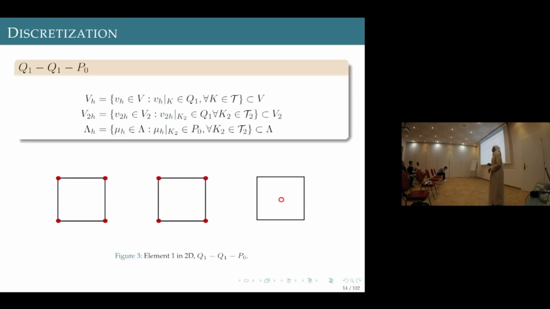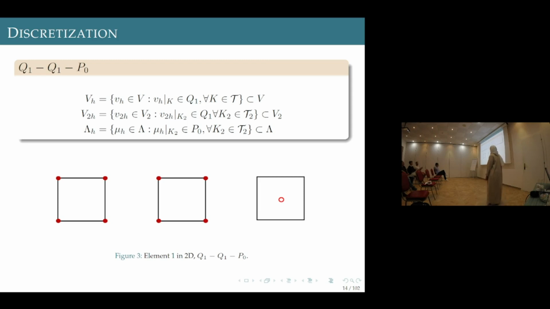Before I do that, let's introduce our new elements that we're proposing in here. I'm proposing 3 finite element spaces. All of them have a common thing, which is piecewise constant Lagrange multiplier. So we have 3 spaces, VH, V2H, and lambda H, and we're approximating the solutions using, in the first case, Q1, P0 element, which means we're approximating solutions in VH and V2H using piecewise bilinear polynomials that, in 2 dimensions, use 4 degrees of freedom in each element located at the vertices of the element.